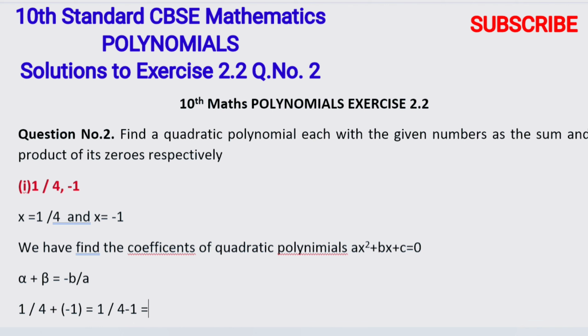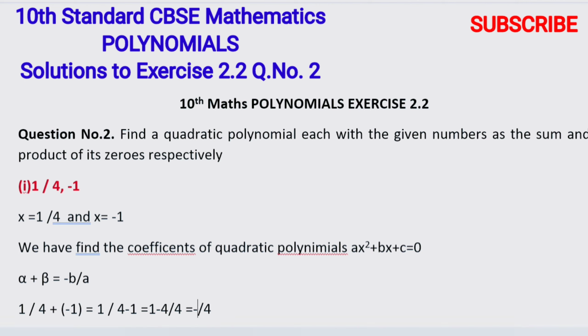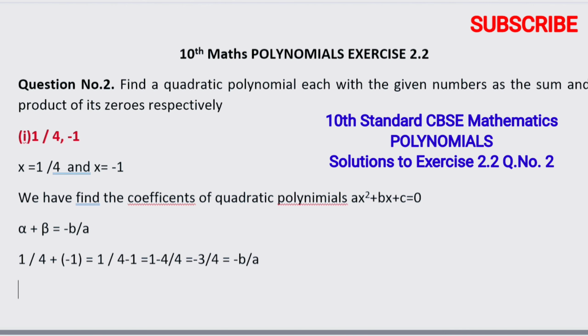If I take LCM as 4, then it will be 1 minus 4 divided by 4, that is minus 3 by 4. This is equal to minus b by a.